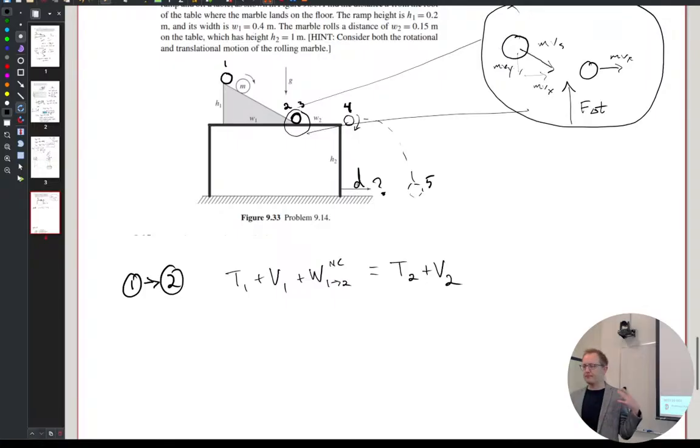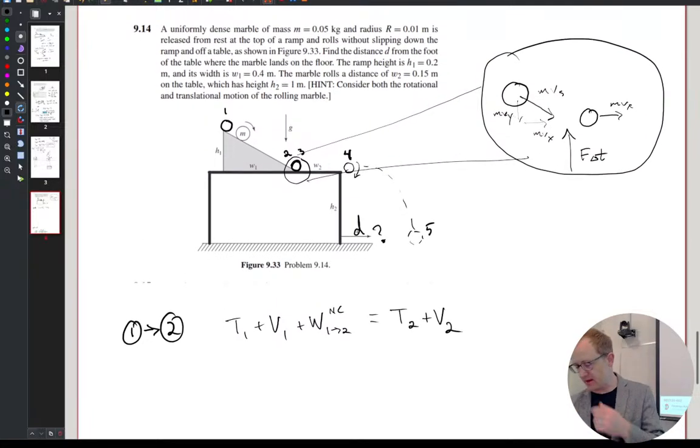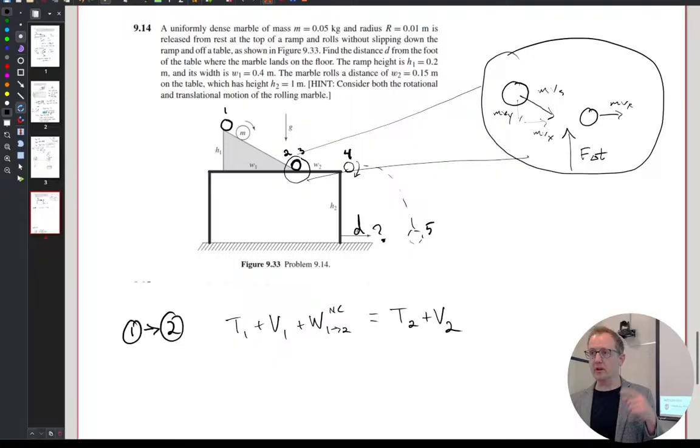The general formula, at least for dynamics, is just kinetic plus potential plus the work that it takes to get from 1 to 2 equals kinetic plus potential. So try to fill in these values, or if there's 0, you can cross them out. What are the kinetic and potential energies for this rolling marble as it's going down the ramp to get from 1 to 2?